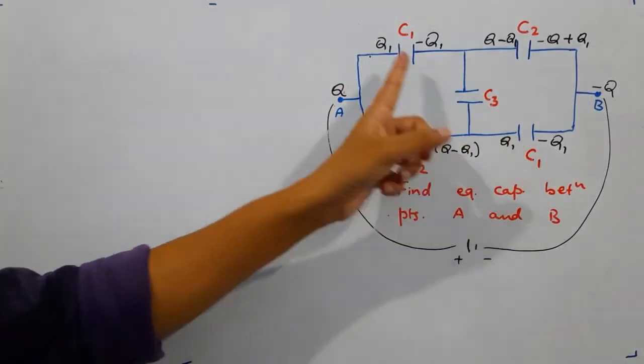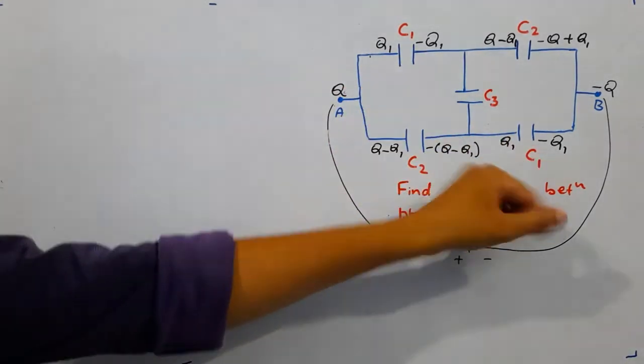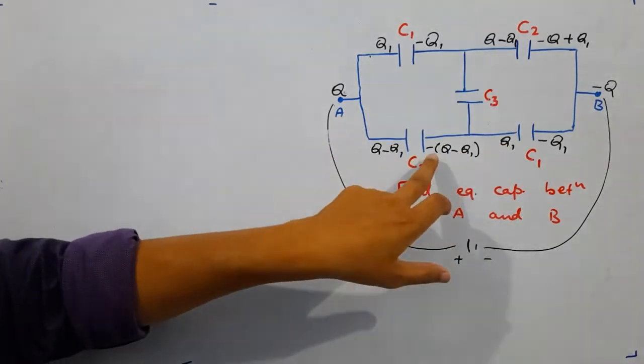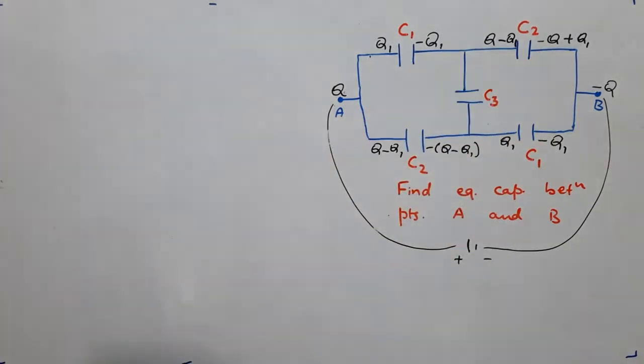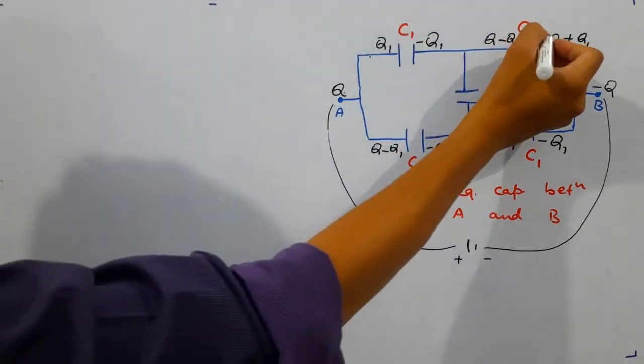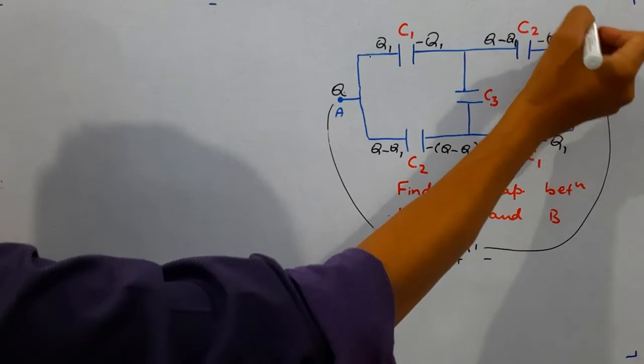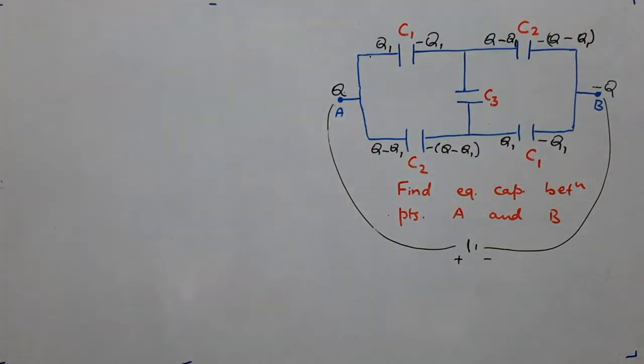They are opposite, they are same, Q1 and minus Q1, and they are also same, Q minus Q1, negative of that. You see, negative of this means that much. You can also write minus of Q minus Q1.